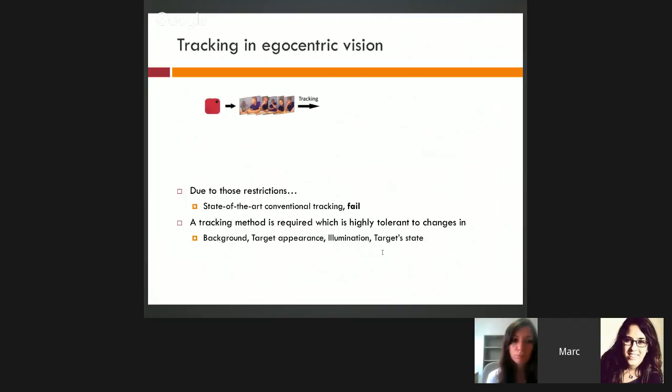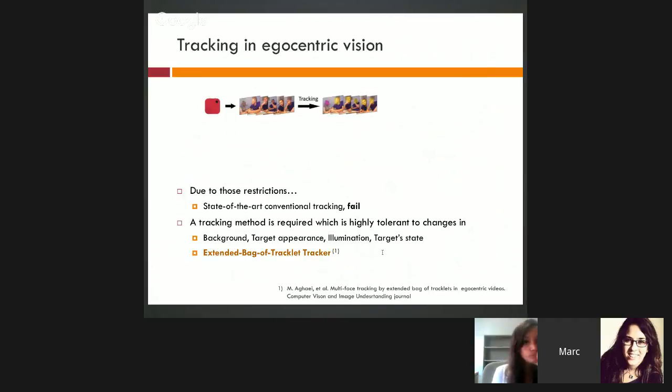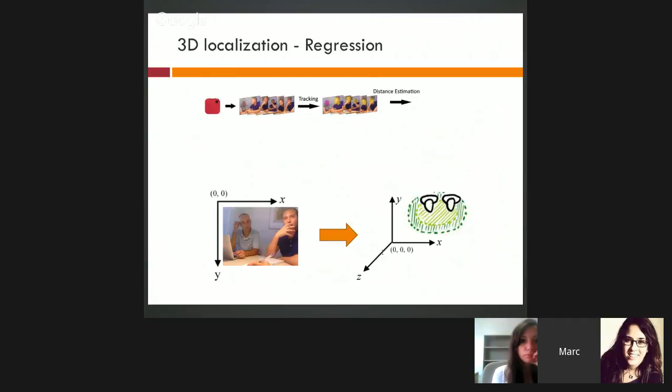So what we needed was a tracker capable of dealing with all those challenges. To this end, we used a model previously introduced by us, which was able to overcome all these problems, and we used it to track all the people in the sequences.